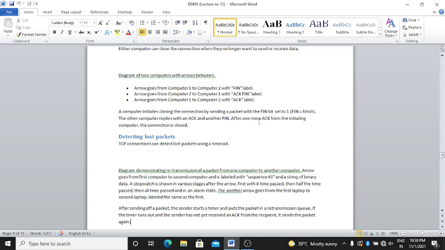A stopwatch is shown in various stages after the arrow: first with no time passed, then half the time passed, then all the time passed, and an alarm sets off. Another arrow goes from the first laptop to the second laptop, labeled the same as the first.